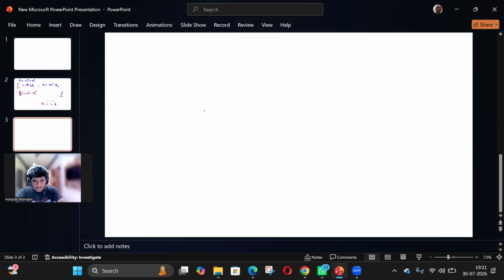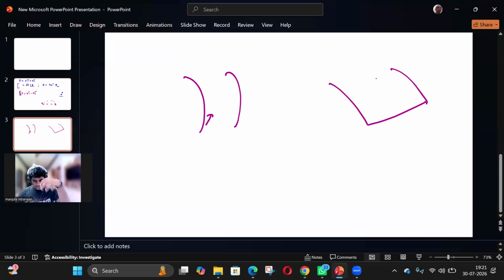If the road is flat like this and the vehicle is going this way, then there is no banking. But suppose the road is inclined like this. This angle is theta, so this theta is banking. Here theta is 0.